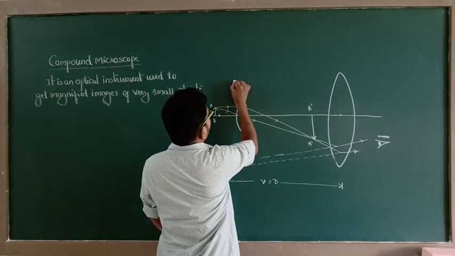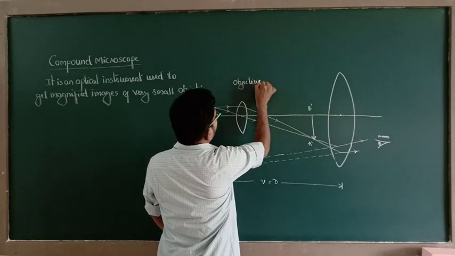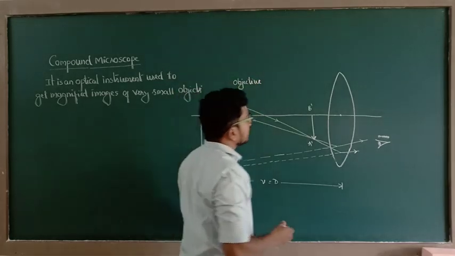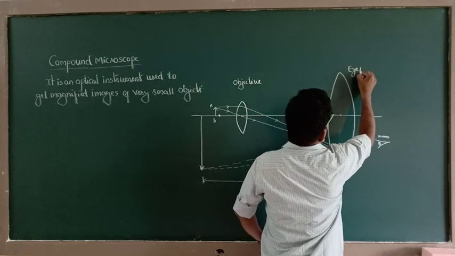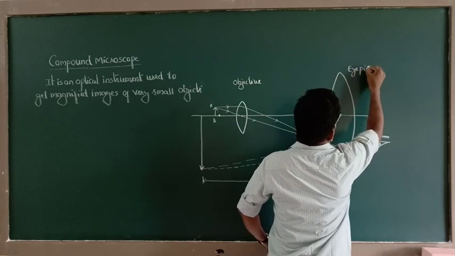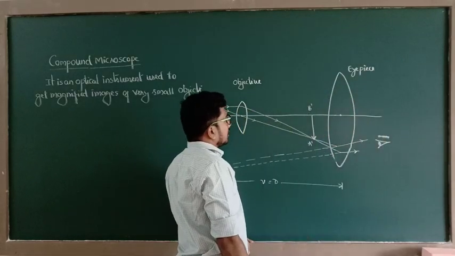Objective lens or objective, eyepiece. It is near to the eye, so it is known as the eyepiece.